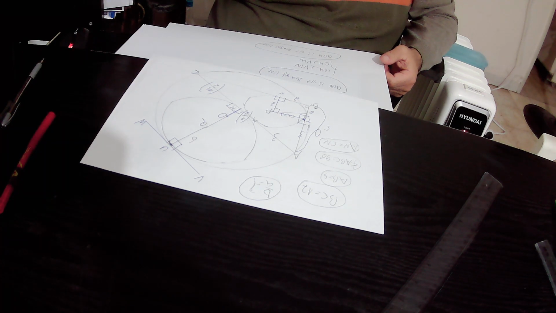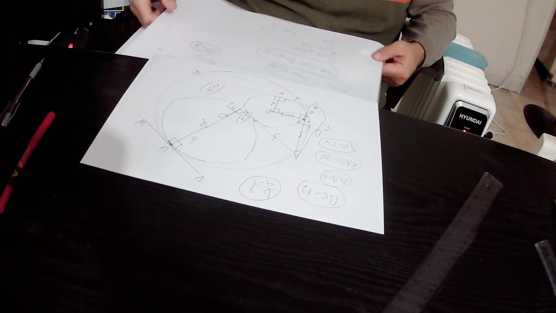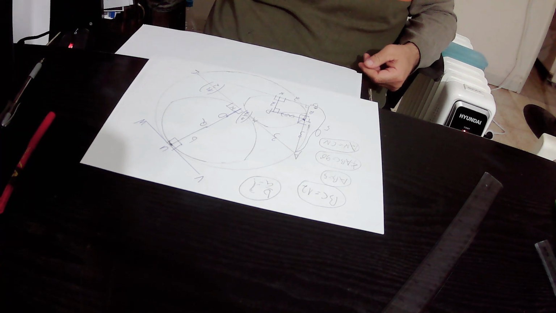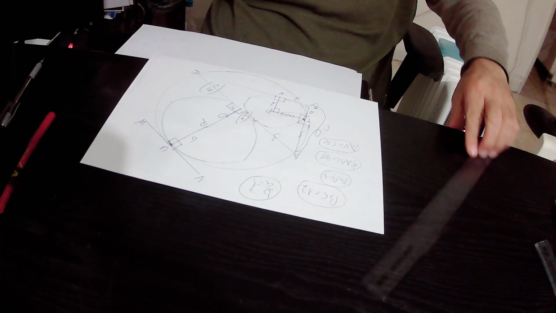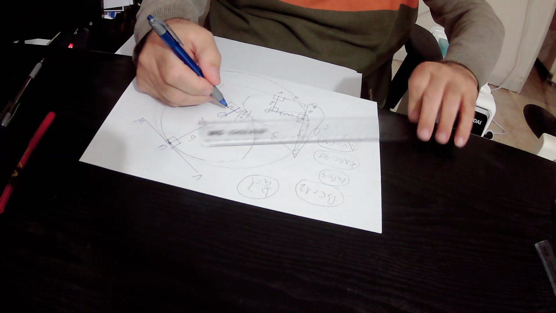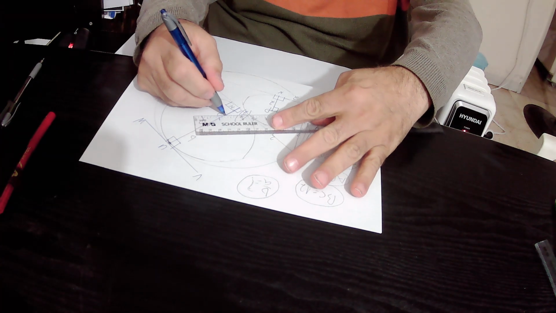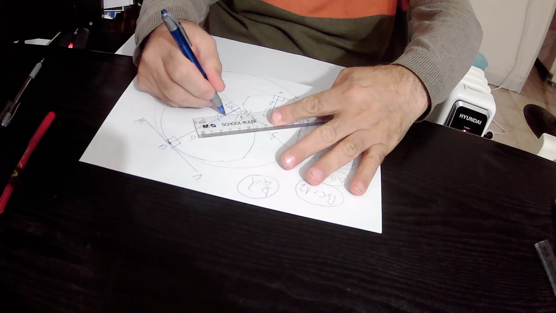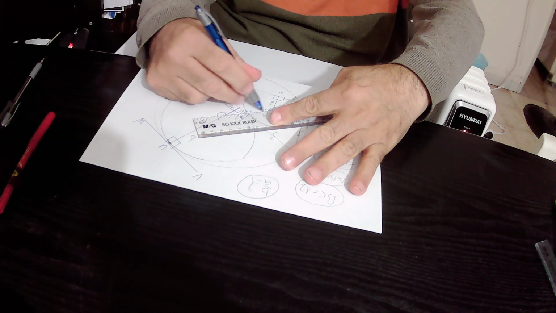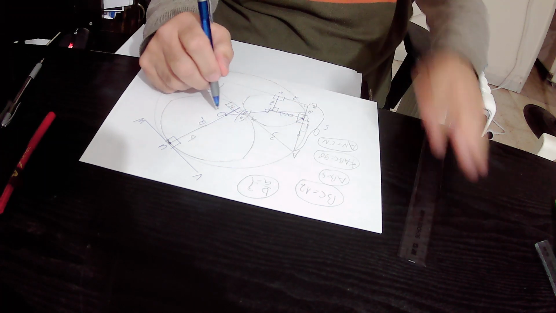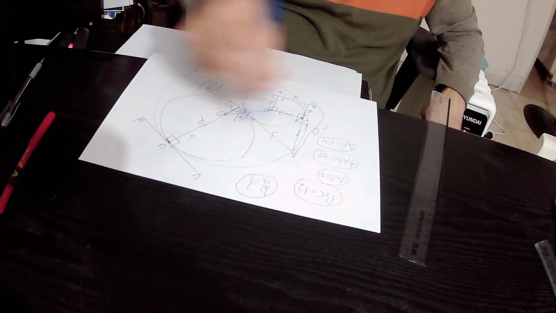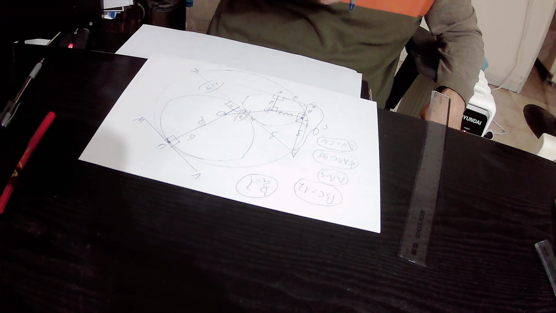In the next step, we join points P and O together by a straight line. Point O is the center of the biggest circle. Point P is the center of the smaller circle.